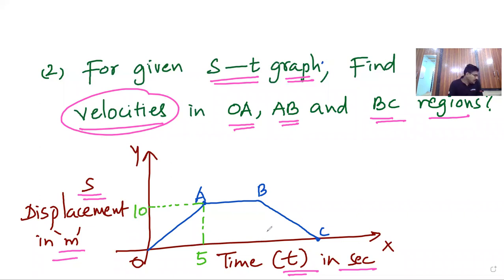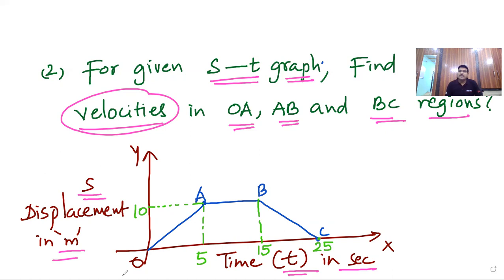B on the x-axis is 15 seconds, B on the y-axis is 10. C is on the x-axis itself, so C has a coordinate of 25 seconds, and on the y-axis automatically it becomes 0.